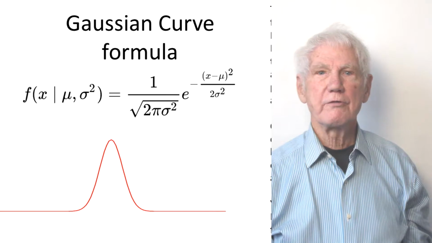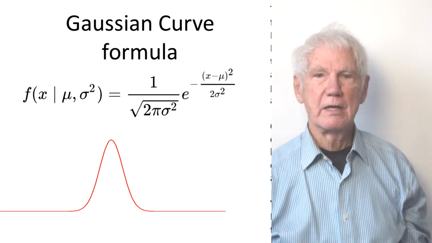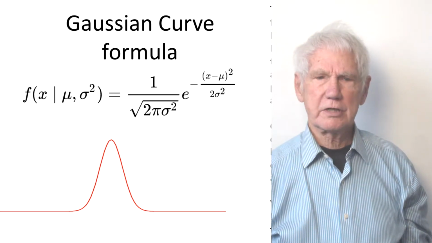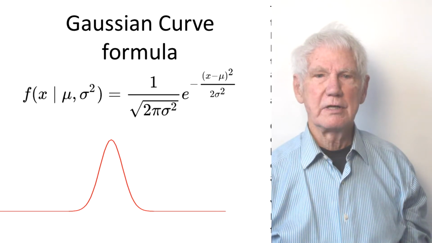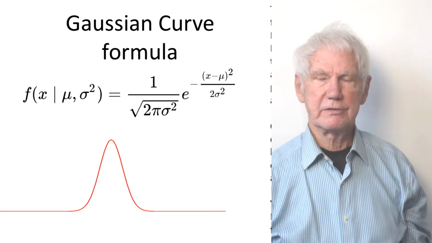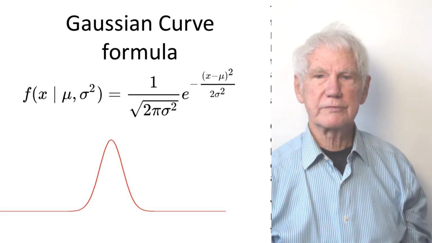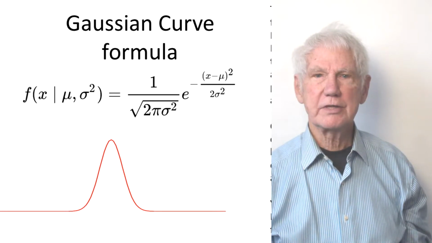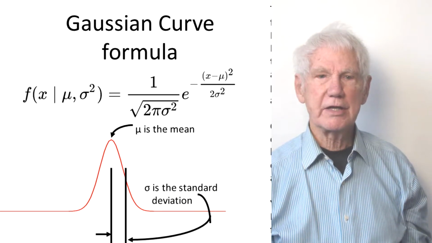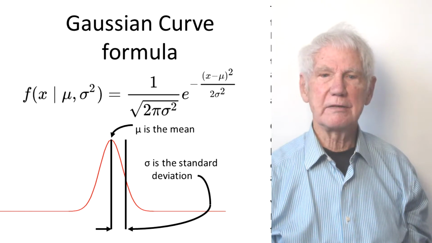Now, the normal curve follows a formula developed by Carl Friedrich Gauss over 200 years ago. This looks a little bit off-putting. It involves two constants, pi, that's the ratio of the circumference of a circle to its diameter, and e, the base of natural logs, and two statistics from a population, that is, the average measurement, that's easy to understand, and the standard deviation, which is how far on the average things are from that mean.